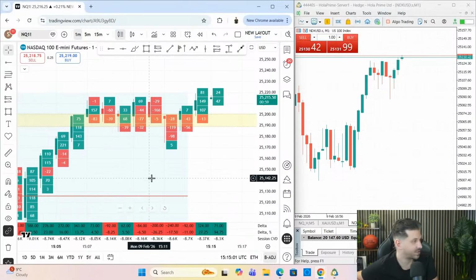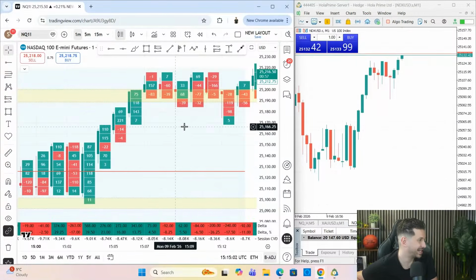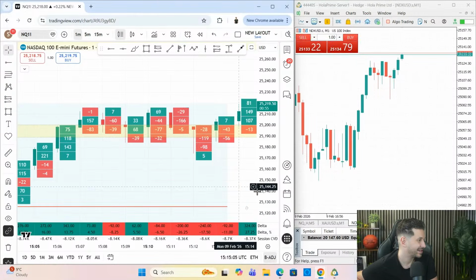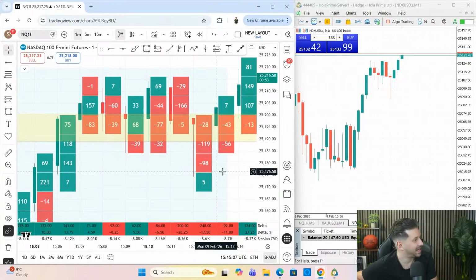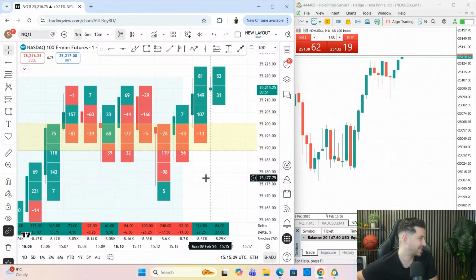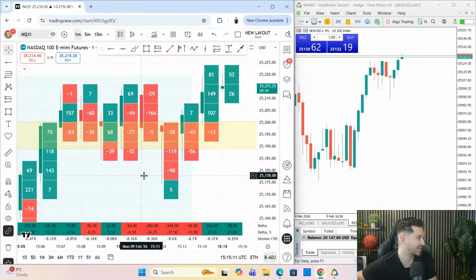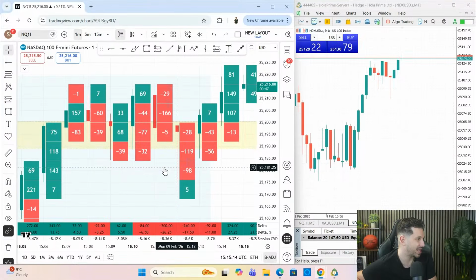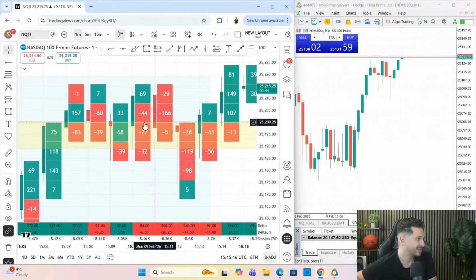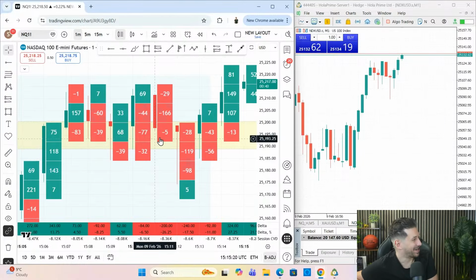SHF at 310. Where is 310? Yeah, I would say so. I mean, the volume is bad on it. To be truth be told, the volume is bad. Like 69. It's a good number, but it's bad volume. 44, 77, 32.